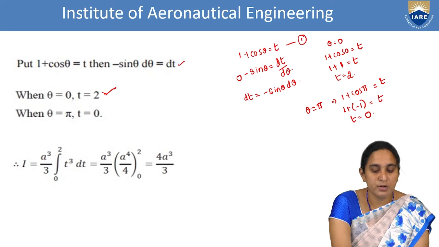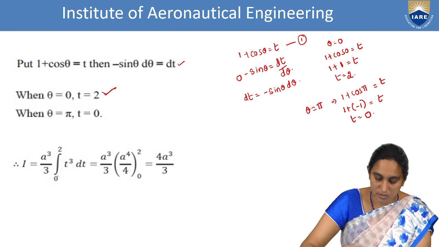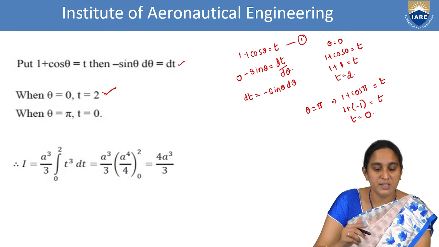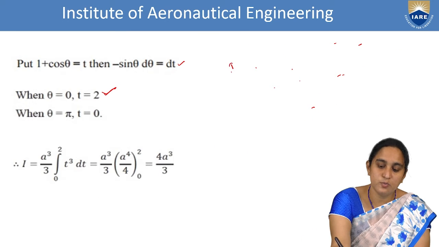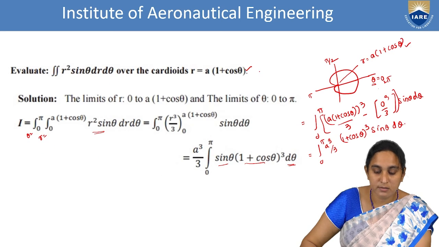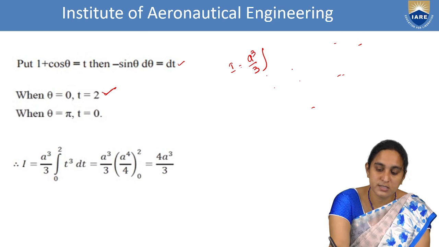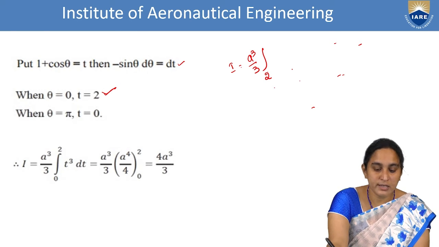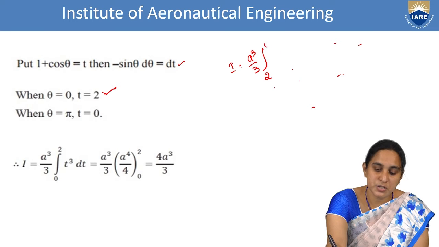Therefore, I is equal to a cube by 3 integral of 0 to, if we take theta is equal to 0, I am taking 2. And if we take theta is equal to pi, for that case t is equal to how much? 0.